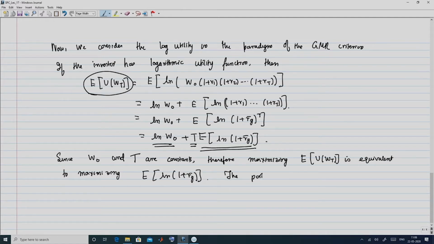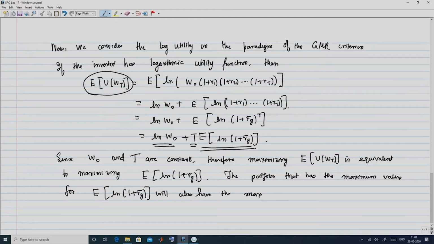So, the portfolio that has the maximum value for the expected value of natural log of 1 plus the GMR will also have the maximum value for expected value of 1 plus R g bar raised to t, because this is essentially equivalent to this.